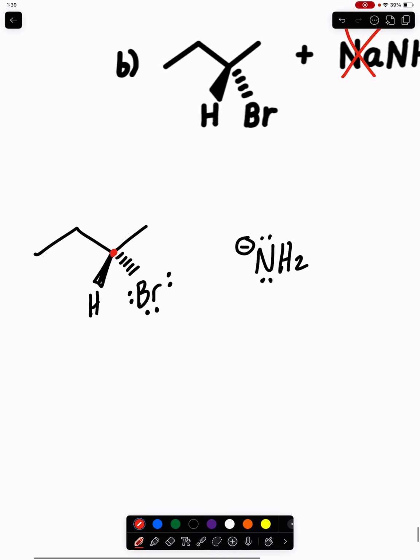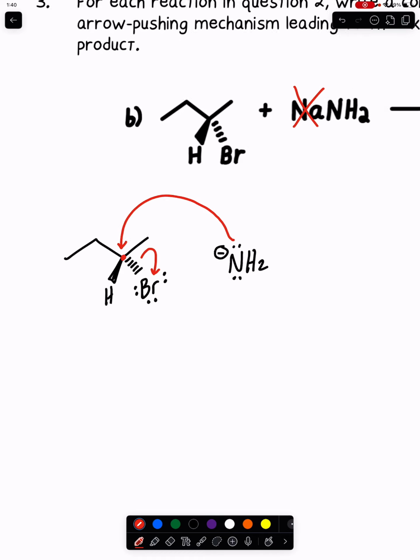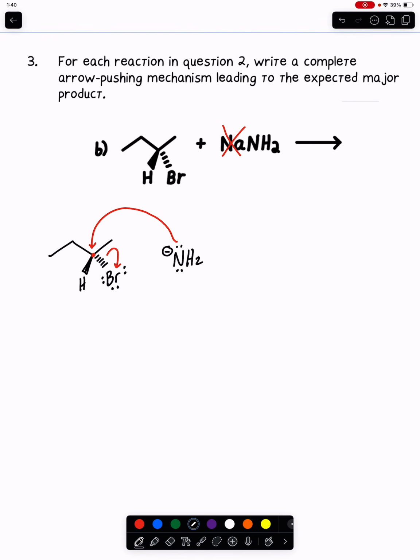So what's going to happen here is those electrons on that nitrogen are going to attack that red carbon. They're going to form a bond. But carbon already has 4 bonds to it, so something has to leave. Well, the best thing to leave are the electrons between the carbon and the bromine, because when those leave, the bromine ends up with that negative charge.